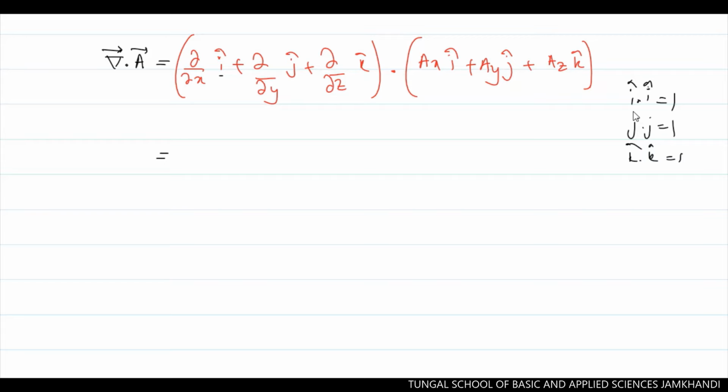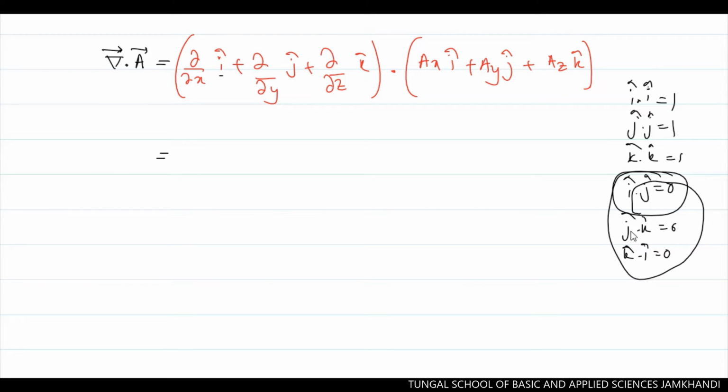But if you take the dot product of different coordinates, that is, i dot j, that becomes 0. You know all these things from vector calculus: j dot k is 0, k dot i is 0, because the dot product of perpendicular axes is always 0, while the dot product of the same axis is always equal to 1.